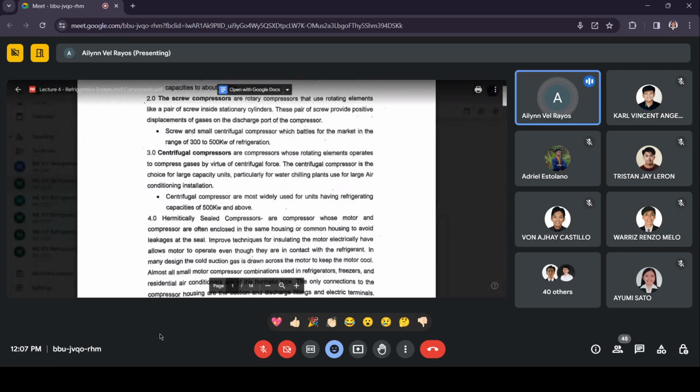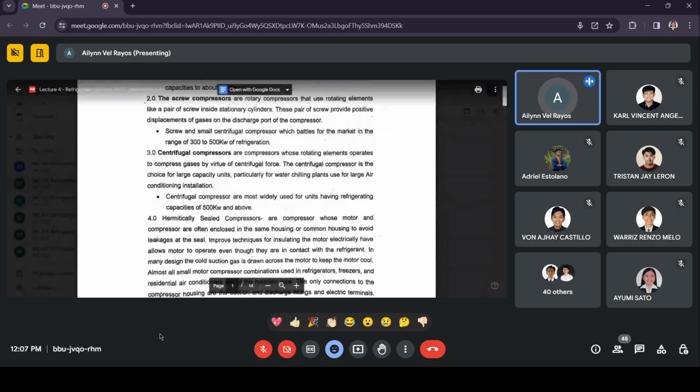Okay. So, kung mapapansin nyo, meron na tayo dito. Kumbaga, alam naman natin in different types of compressors, and any other components, merong kailangan i-take into consideration. So in this case, more on the refrigerating capacity.